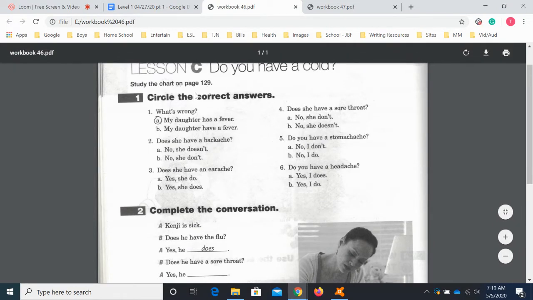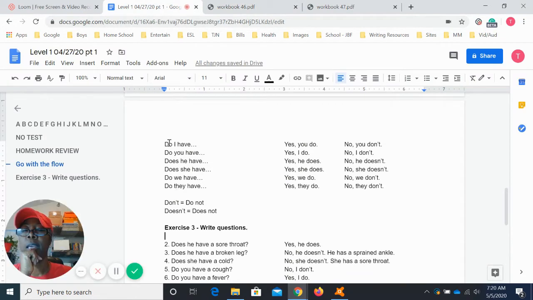I just want us to take a look at this for a minute because we're talking about using do and have. When we go through our do and have, we can have a yes answer, or of course, we can have a no answer. This is what is on the chart on page 129.